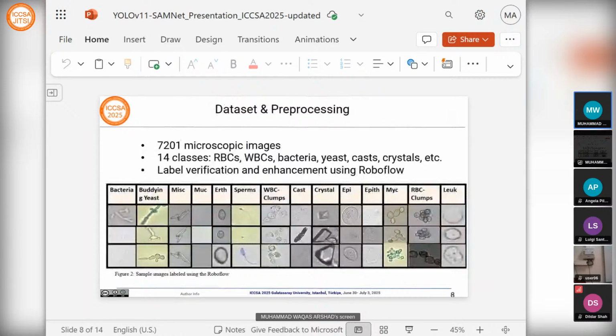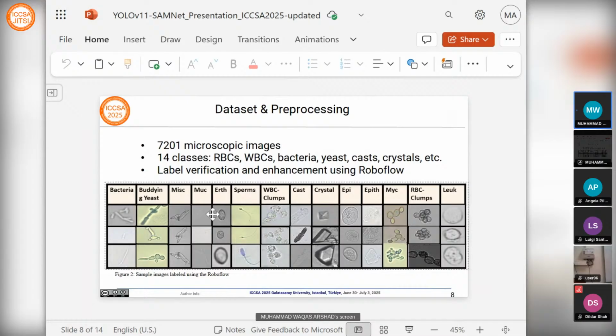And the next is about the dataset and the pre-processing. So the dataset contains 7,201 microscopic images, collected in collaboration with an institution from Turkey. This dataset is categorized into 14 different classes, which include clinically relevant particles like red blood cells, RBC, white blood cells, WBC, bacteria, yeast, and other different particles.